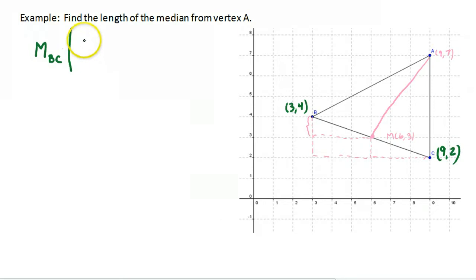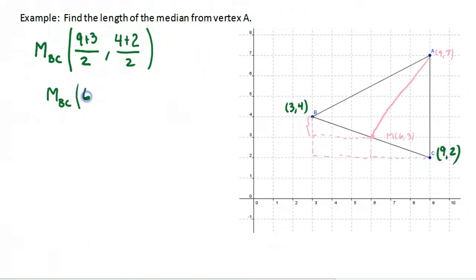So we're going to find the average of the two x-coordinates: (9 + 3) over 2, and the average of the y-coordinates: (4 + 2) over 2. That's going to give me the midpoint of BC as (6, 3), which is exactly what we have in the diagram.